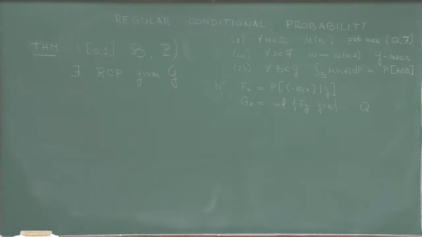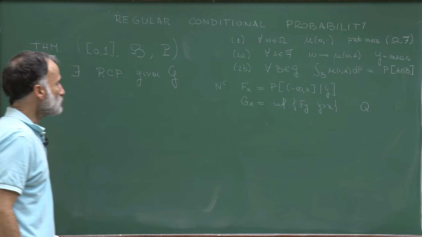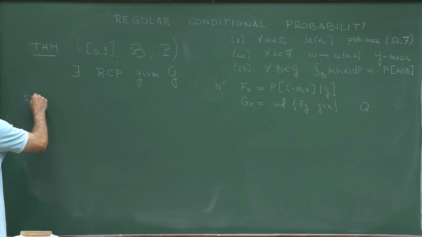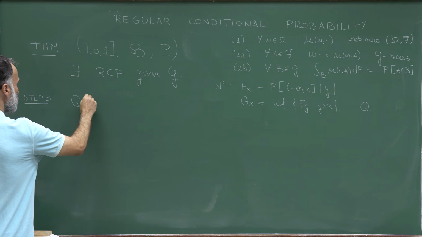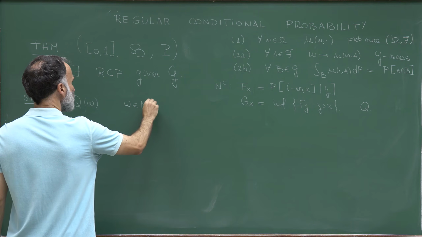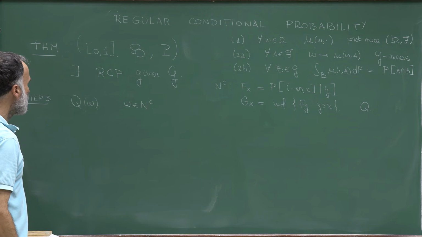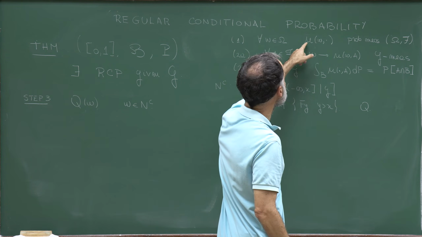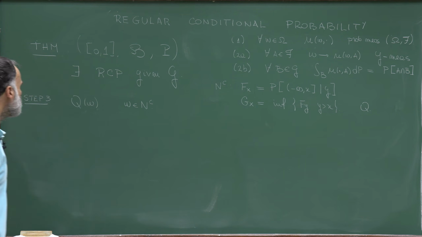Well, so now step 3. We constructed this measure Q(ω), and this for ω in the complement of N. So this is our candidate for the regular conditional probability μ.